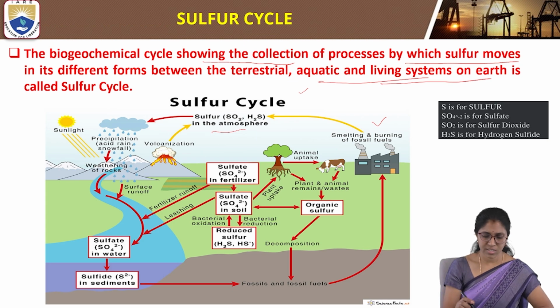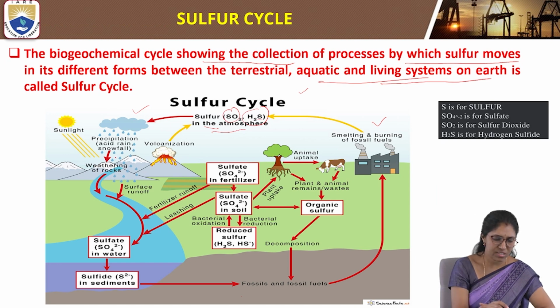Sulfur dioxide is one form of sulfur, and hydrogen sulfide is also a combined form of sulfur. If present in the atmosphere, it may cause precipitation, such as acid rain or snowfall.